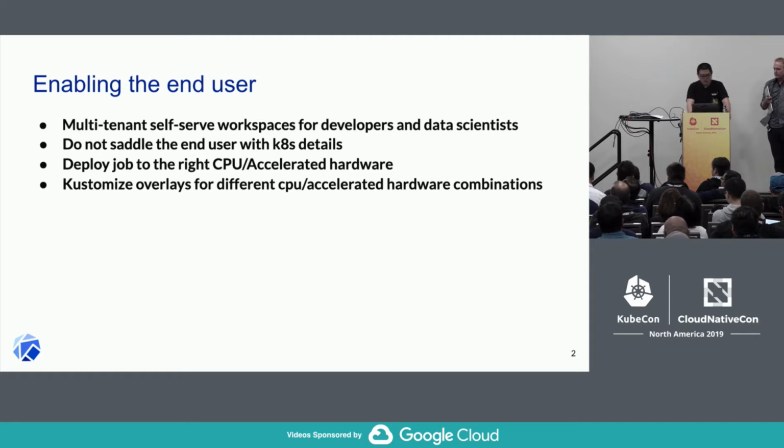And finally, we have customized overlays, which are pre-configured specs for job types. Let's say I define a job template for this type of job, where I want high GPU resources.